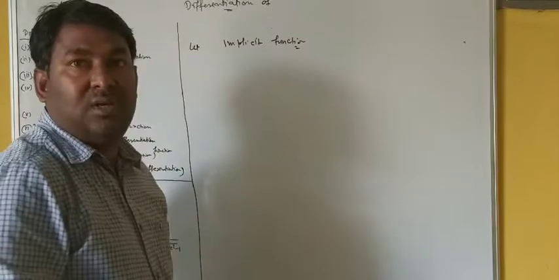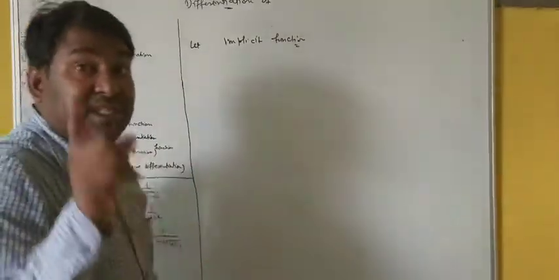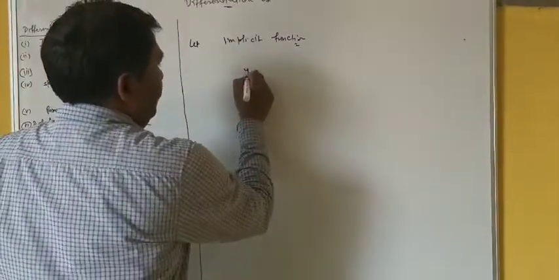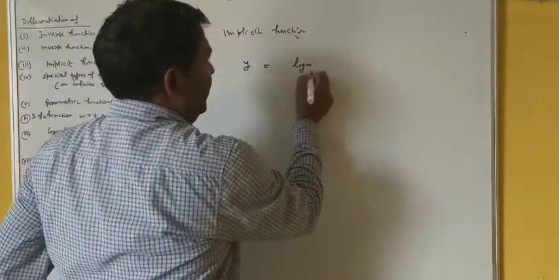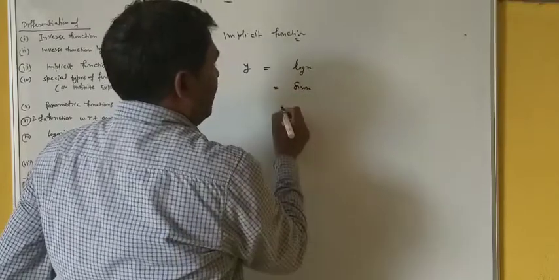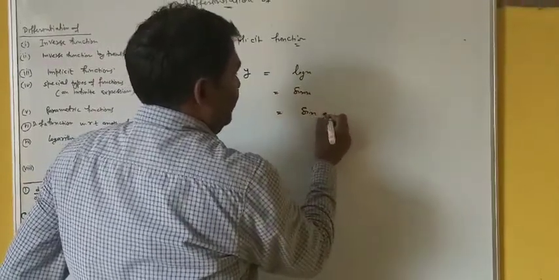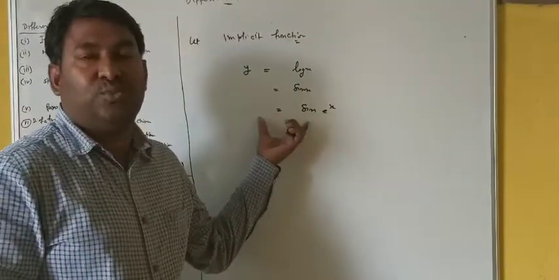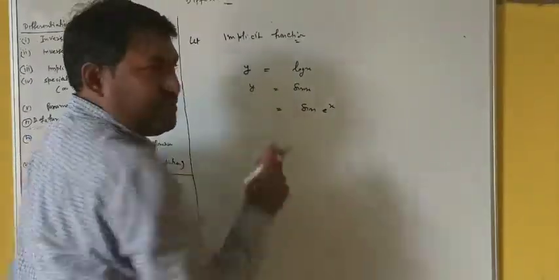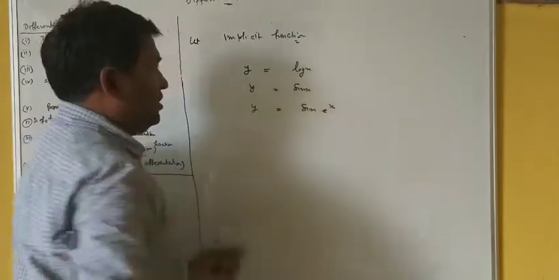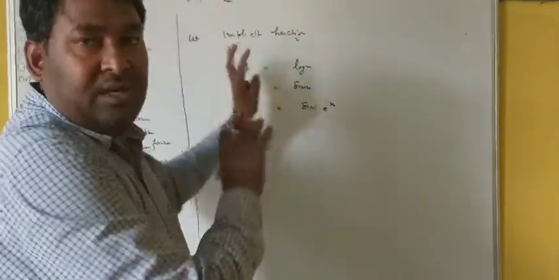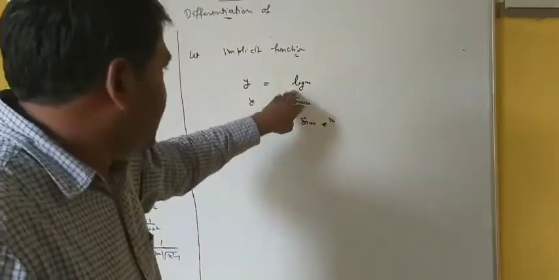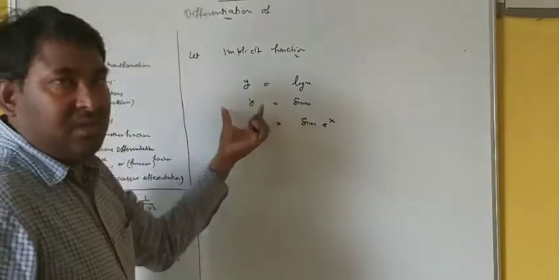Do you know what functions are said to be implicit functions? A function is said to be explicit if one side is y completely and the other side is like log of x, or like sin x, or like e power x. These are all said to be explicit functions, meaning separated. Why are these separated? Just see, since one side of the equation is y and the other side is a function of x, that's why it is an explicit function.